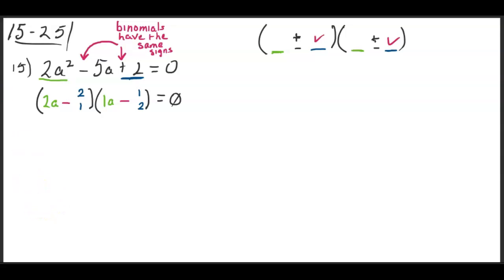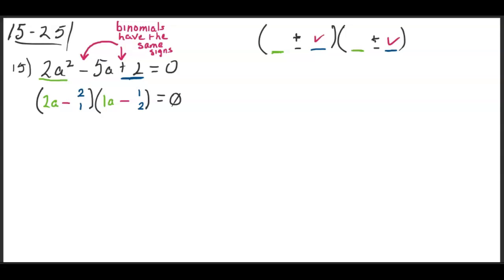All right. So now I know that it's 2a minus something and 1a minus something. Those are my binomials. Now I have to think about this negative 5 in particular, okay? How do we get that negative 5?